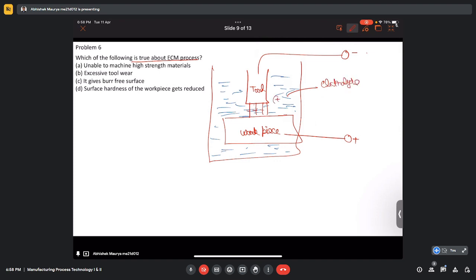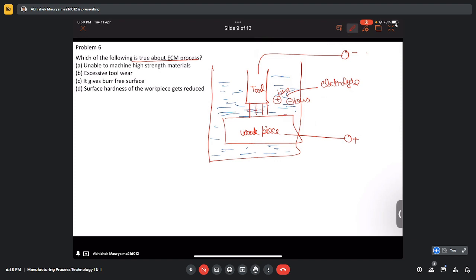And here we have electrolyte, where we have some positive ions and some negative ions. Because of this electric field, the ions move in opposite directions.